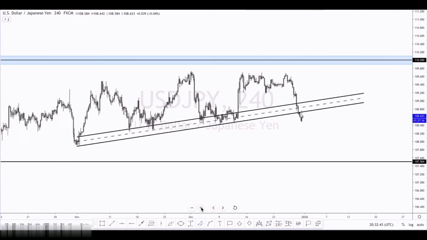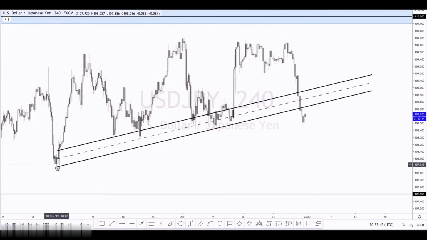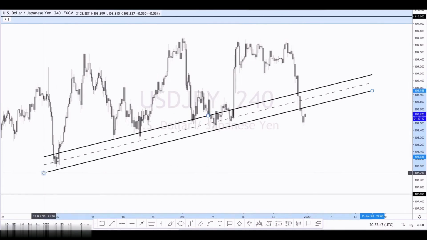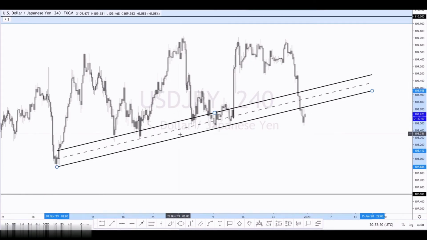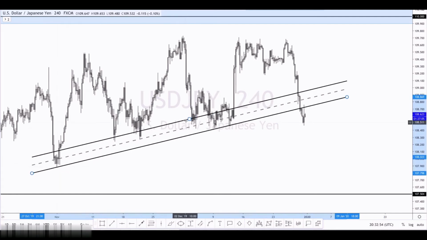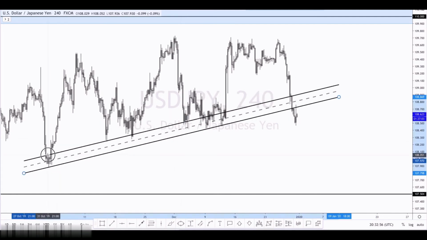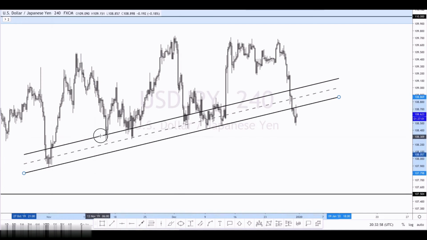With this channel here, I'm looking at price like this. From that little consolidation region, let's just expand this from here, so we give price a bit of room to move. We say that last candle was around here.